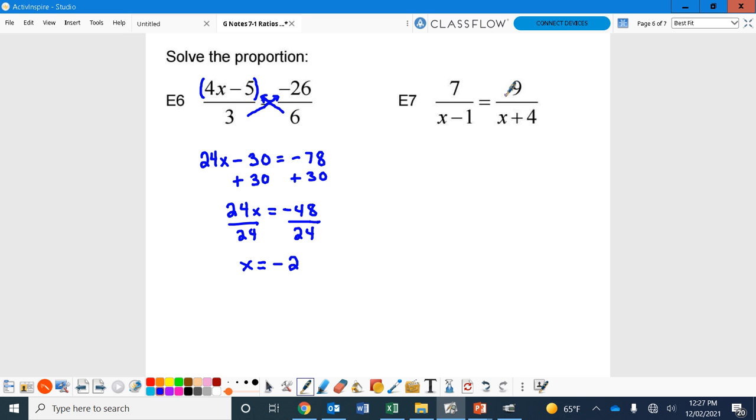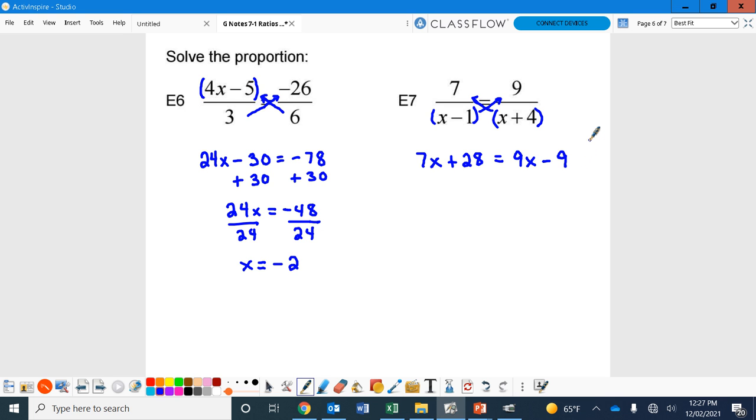Okay, cross multiply on this next one. Again, we need to think of this with parentheses, but the parentheses happen to be on the ones on the bottom. So it's going to be the x times the 7, which would give us 7x, plus the 4 times the 7, which would be 28. On the other side, the x has to be multiplied times the 9, which gives us 9x, minus the 1 times the 9, which is going to give us 9.